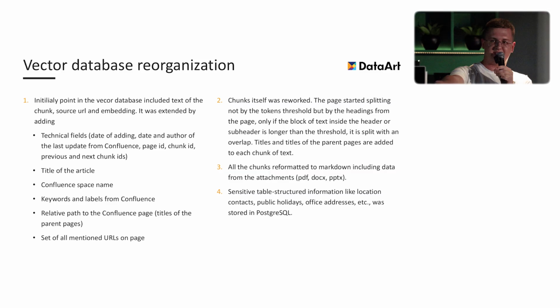Also, the last very important point on the left side of the slide is that we are now extracting all the URLs from the page. As you might remember, I said that everything that is out of the context of the LLM and out of the prompt that we configured might be hallucinated. And even link hallucination is the most painful for the users.